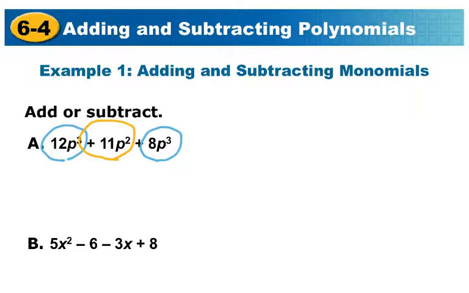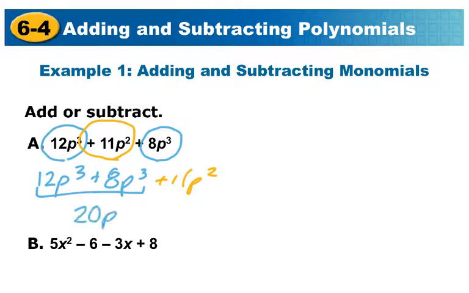So together we will take 12p cubed plus 8p cubed, and then we will tack on 11p squared. So 12p cubed and 8p cubed is 20p cubed, and then to that we'll add 11p squared, and that is the addition of all of those terms.